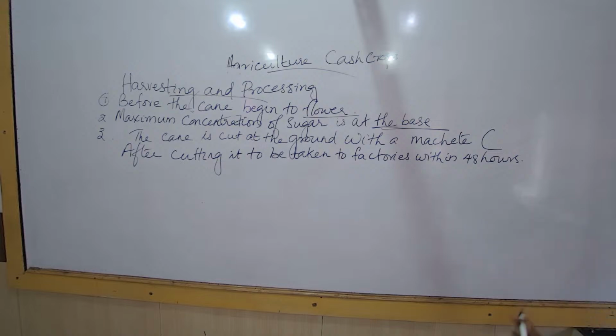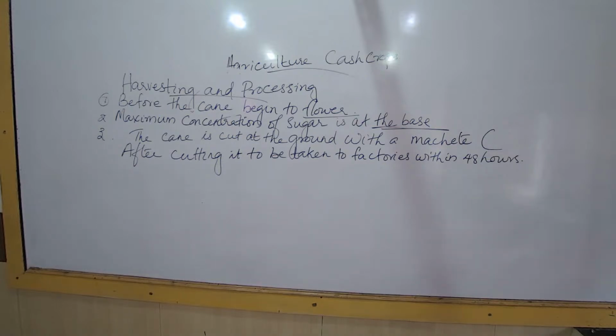Taken to factories within 48 hours. Why? If we are delaying, the sucrose content will reduce or the juice will start drying up. So in order to avoid that, within 48 hours it has to be shifted to the factories. Got it?